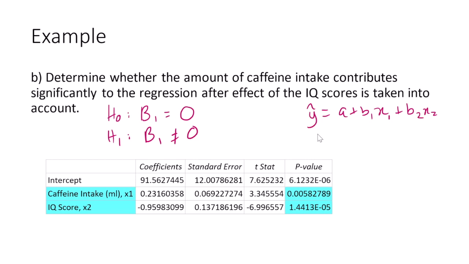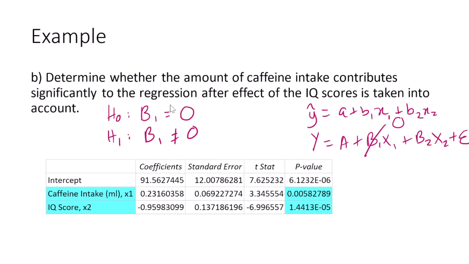The actual model is written as y equals a plus b1 x1 plus b2 x2 plus the error term. So if b1 is equal to 0, this indicates that caffeine intake does not significantly contribute to the regression if the effect of IQ scores is taken into account, because you no more have the independent variable x1 over here.